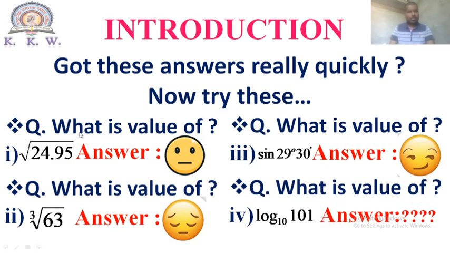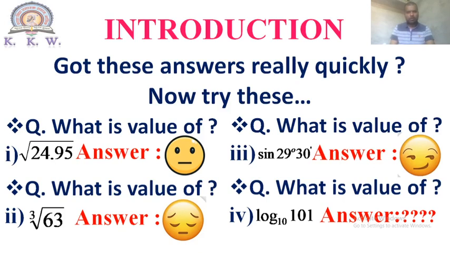We can use different methods to calculate such kind of values, but today we are going to learn how to use differentiation under application of derivative to find the approximate value of square root of 24.95, cube root of 63, sin 29 degree 30 minutes, and so on.